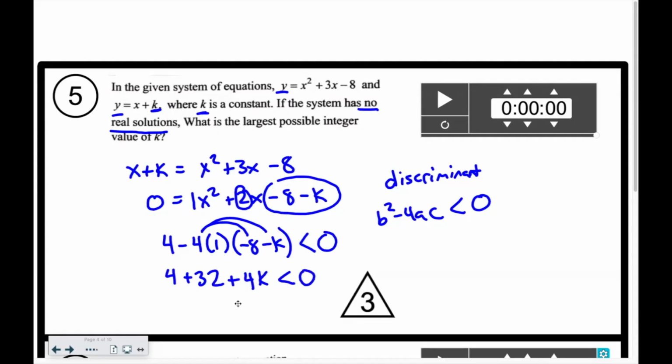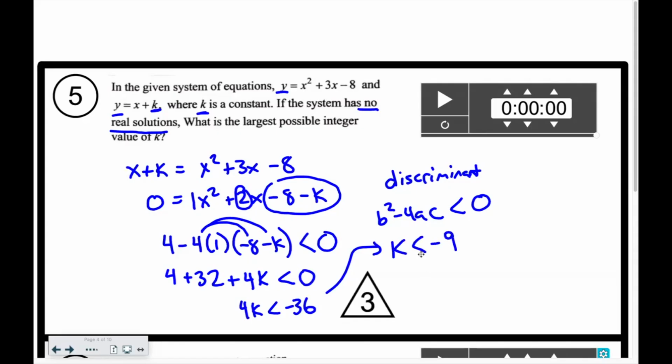And then I want to get k by itself. So I'm just going to do a couple things in my head. 4 plus 32 is 36, and if I bring it to the other side, that's negative 36. And finally, if I divide each side by 4, k is less than negative 9.